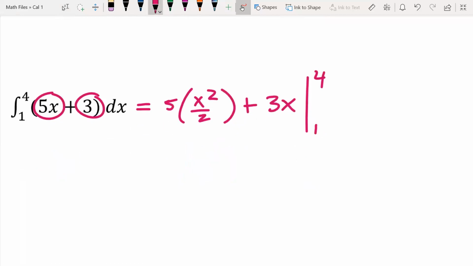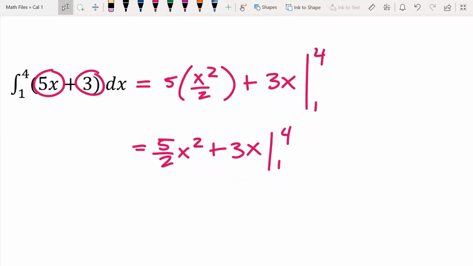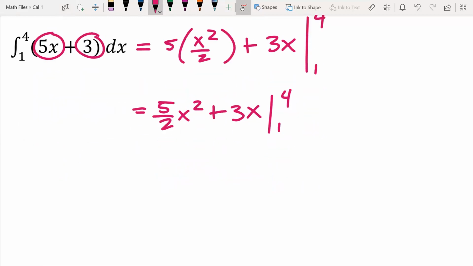Okay. So just plug in and I'll get, oh, I can make it look prettier. Hang on, just a little bit prettier. 5 halves x squared plus 3x from 1 to 4. And now plug in 4 and plug in 1.